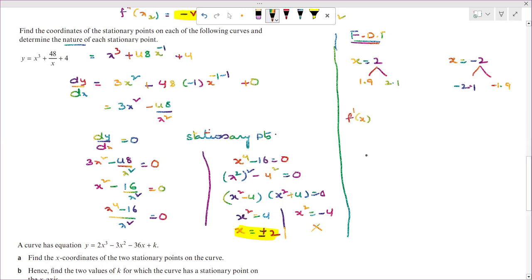F dash of x you substitute. What is f dash of x? 3x square minus 48 by x square.